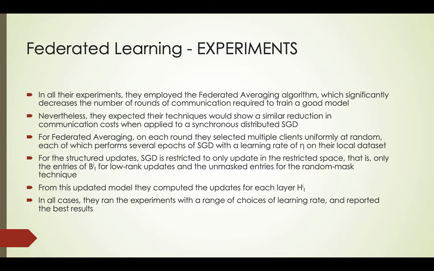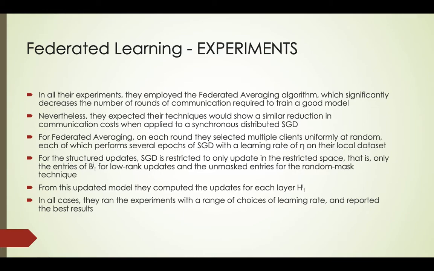For federated averaging on each round, they selected multiple clients uniformly at random, each of which performed several epochs of SGD with a learning rate of mu on their local dataset. For the structured update, SGD is restricted to only update in the restricted space.